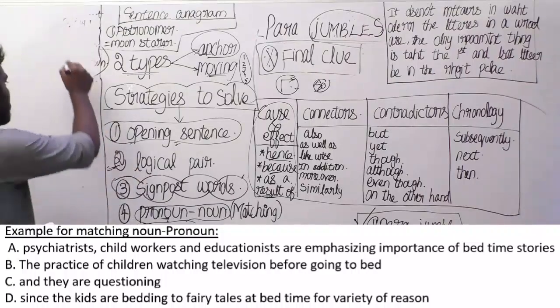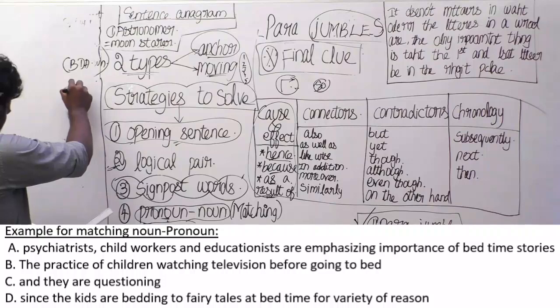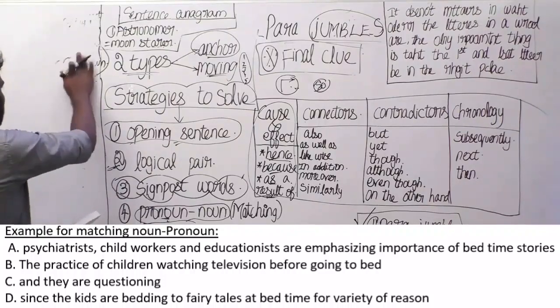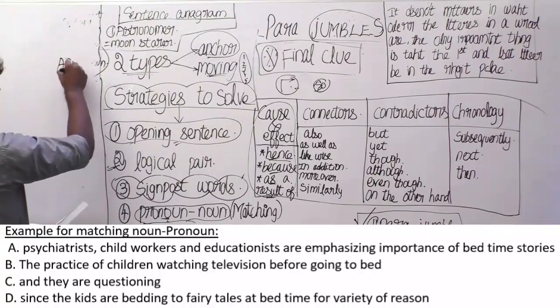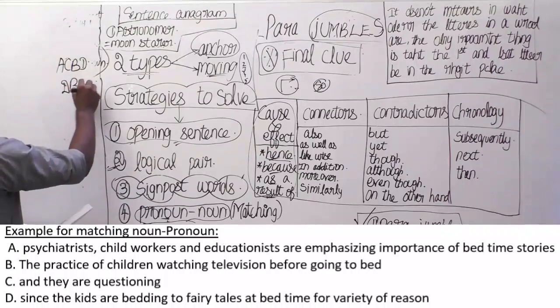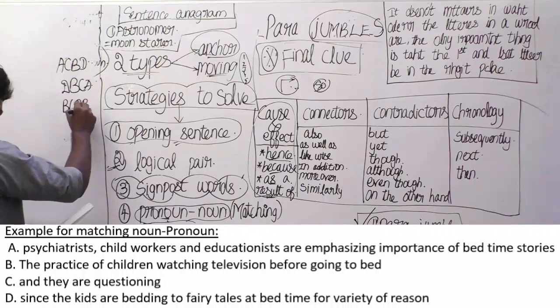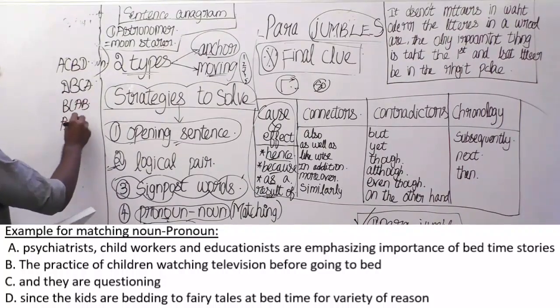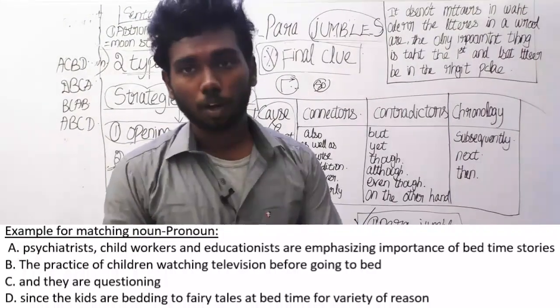Just look at it. The options are CBDA, ABCD, ACBD, ACBD, DBCA, BCAD, ABCD.